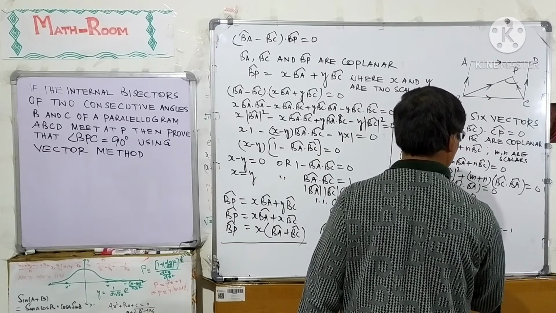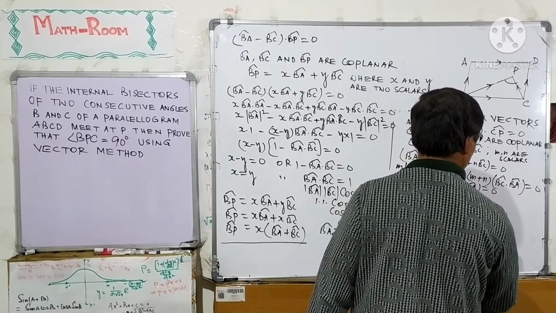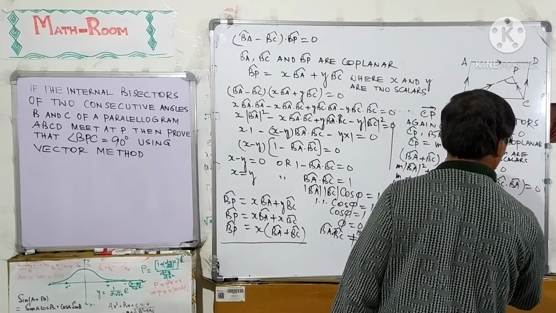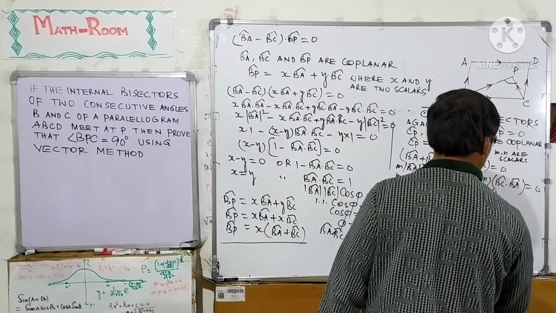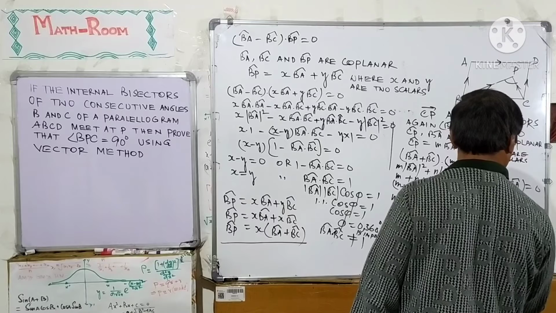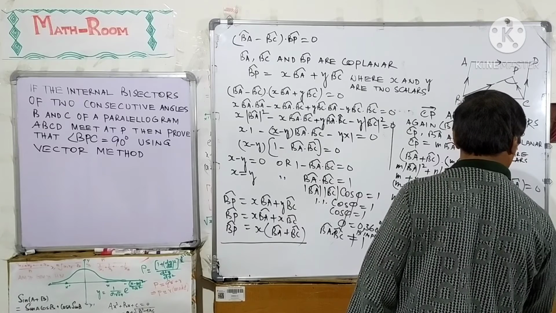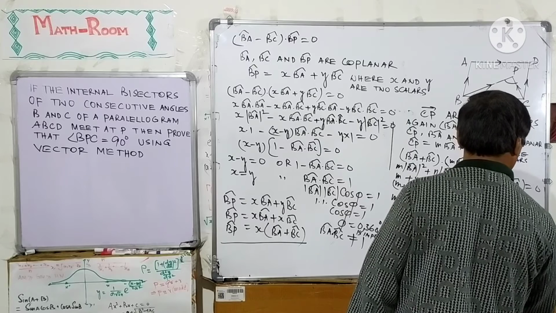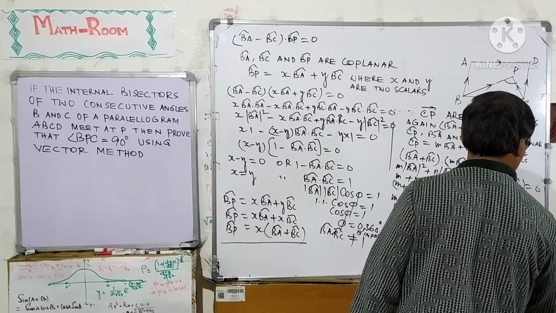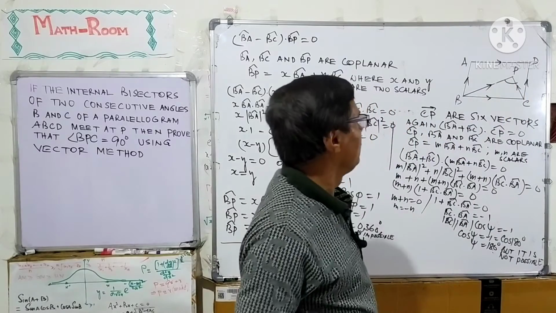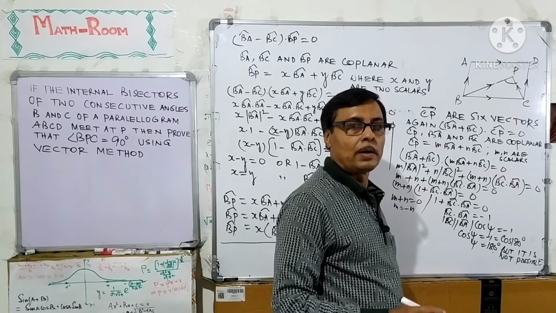So, cos psi equal to minus 1 equal to cos 180 degree, psi equal to 180 degree, but it is not possible, because any angle of the parallelogram cannot be 180 degree.